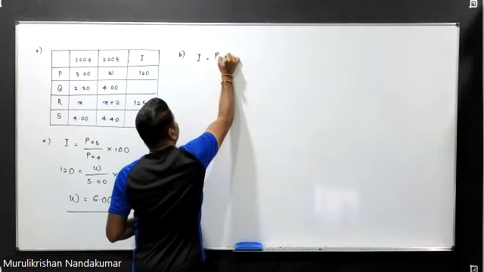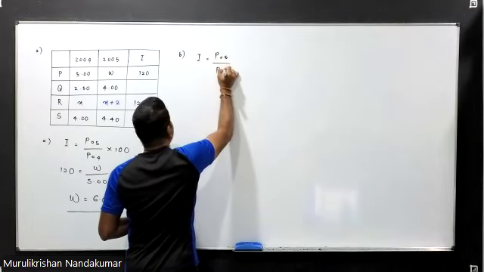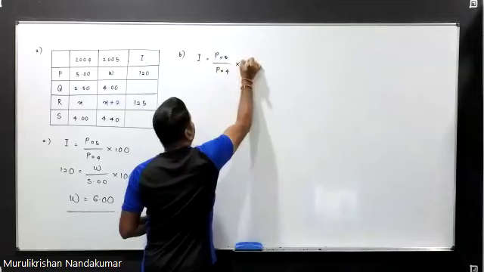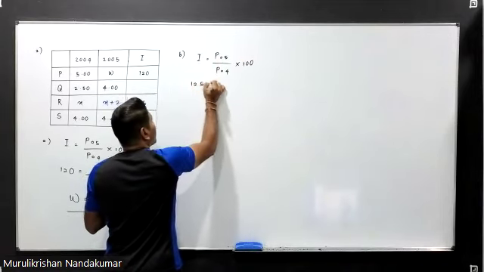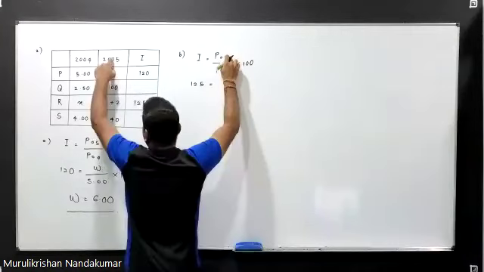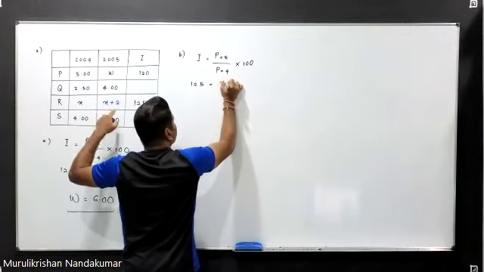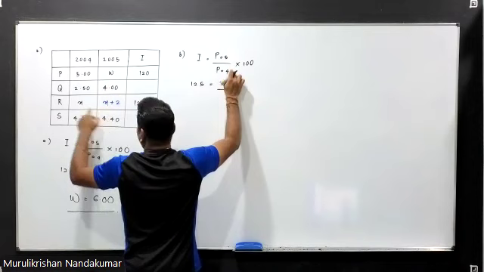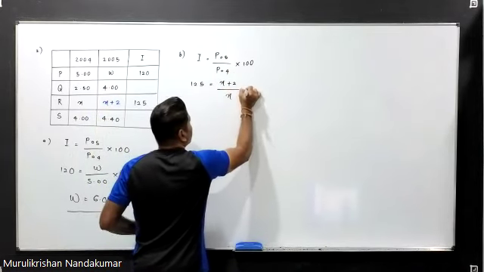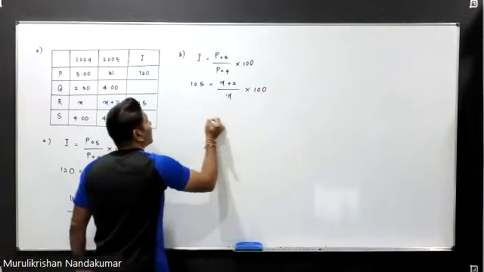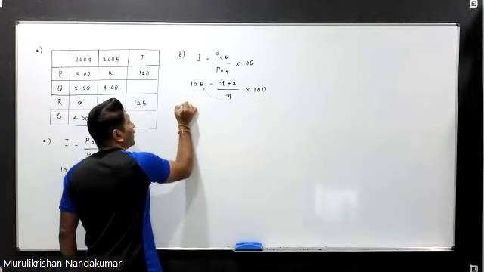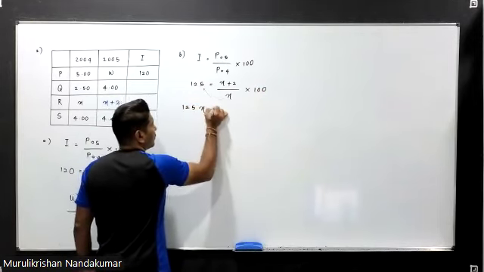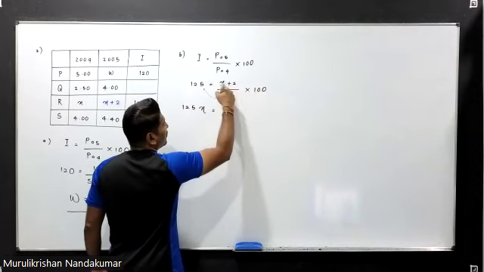P05 over P04 times 100. Okay, index kamu adalah 125. Price of 05 is X plus 2. Price of 04 is X times 100. Okay, saya nak bawa ni sebelah sini, darab. So I get 125X. Semua ni darab dengan 100.